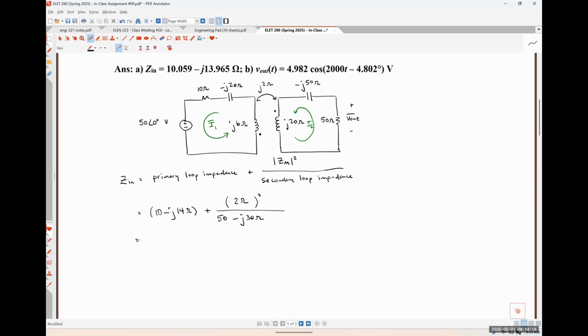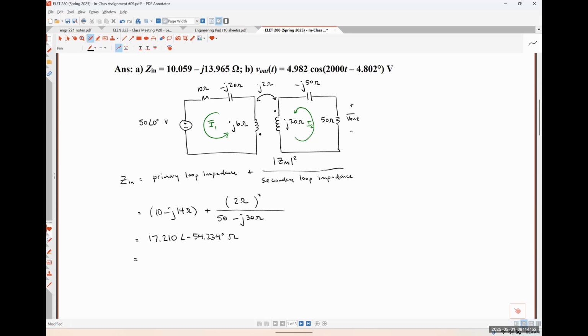And so I'm just going to now throw this into my calculator, right? So 10 minus 14j plus 2 squared over 50 minus 30j. And when I put this into my calculator, I got 17.210 with an angle of negative 54.234 degrees ohms in polar form.